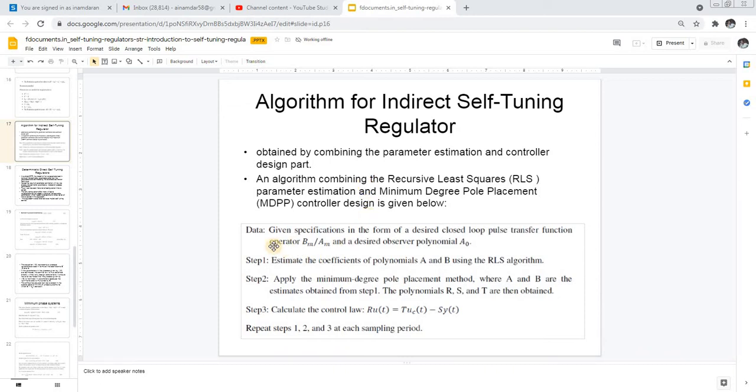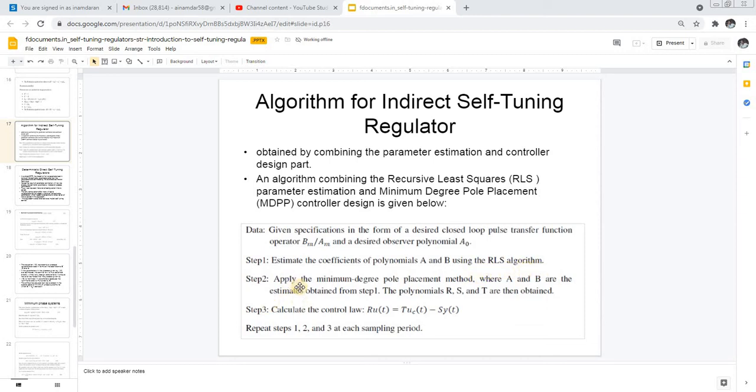The data we require is in the form of the desired closed loop pulse transfer function, which is operator Bm and Am, and the desired observer polynomial A0. In step 1, we estimate the coefficients of polynomials A and B using the recursive least squares algorithm.